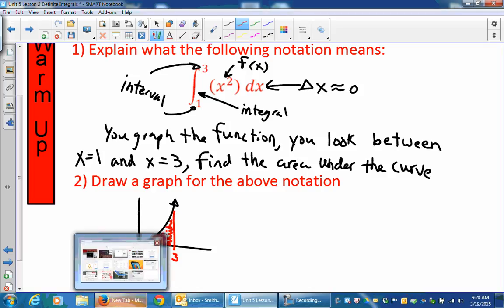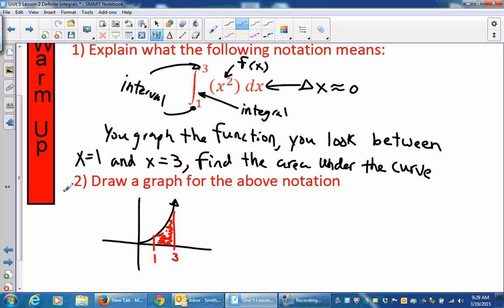So that's a visual representation of what we're doing. On the calculator, we talked about how to actually find the area using the calculator.